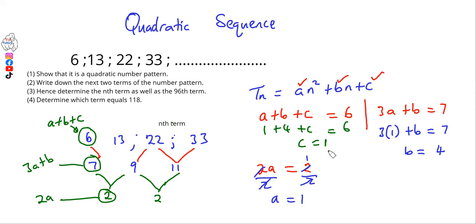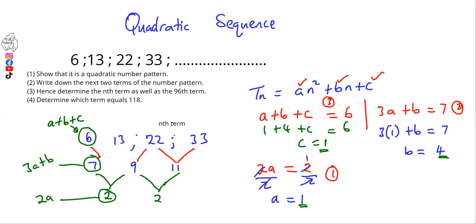So what do we have now? C is equal to 1, A is equal to 1, B is equal to 4. Can you remember the order? This is our first step, this is our second, this is our third to get C. So we first find A, then from A we find B, and from B we get C.